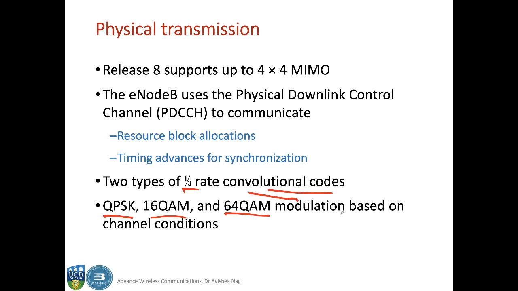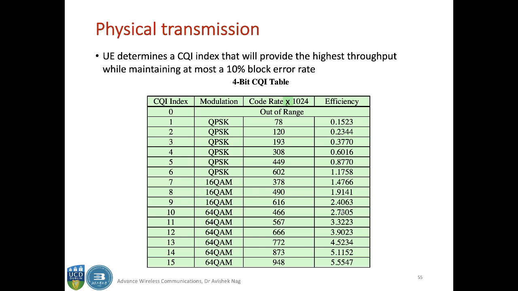Then in terms of modulation formats, QPSK, 16 QAM or 64 QAM can be used depending on the channel conditions. So this is a table which gives you an idea about the different code rates and the modulation format that you can use based on the channel condition, and the channel condition is determined by this CQI index. CQI stands for channel quality indicator.